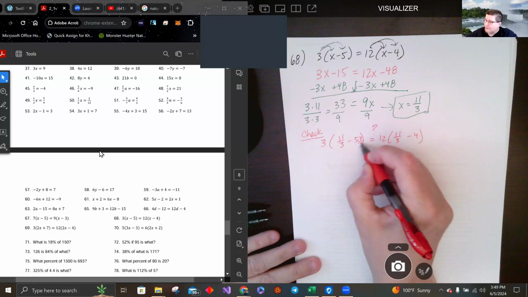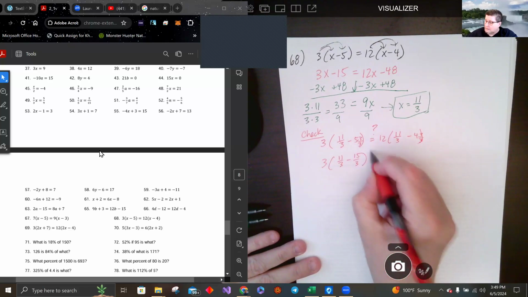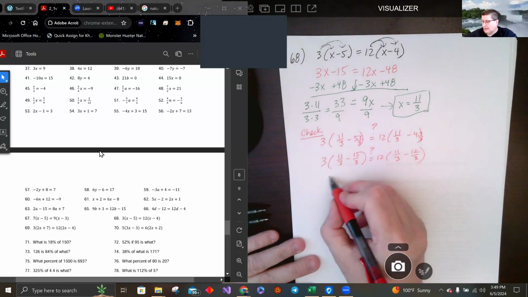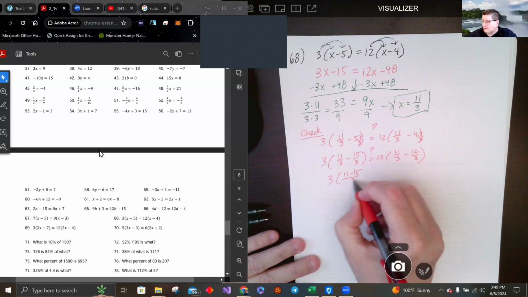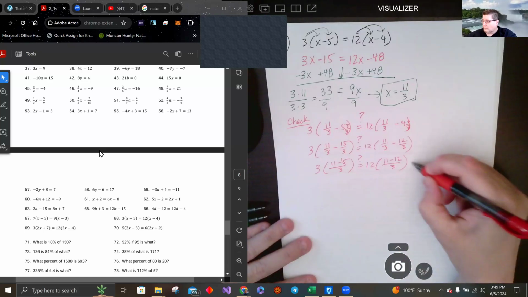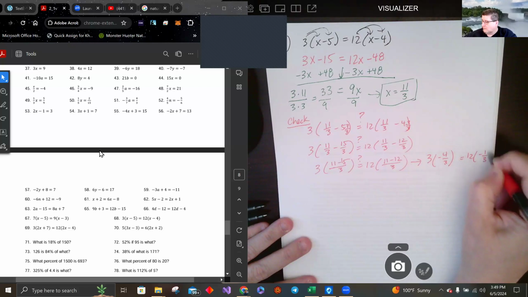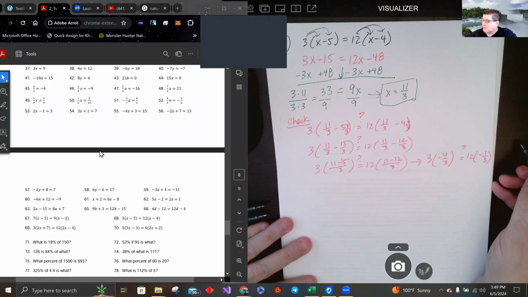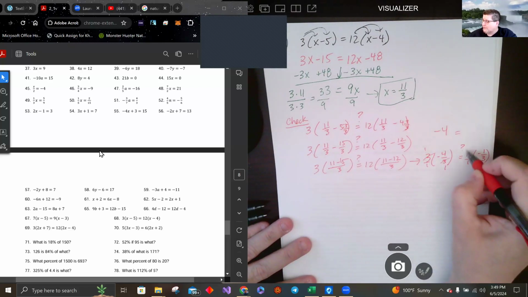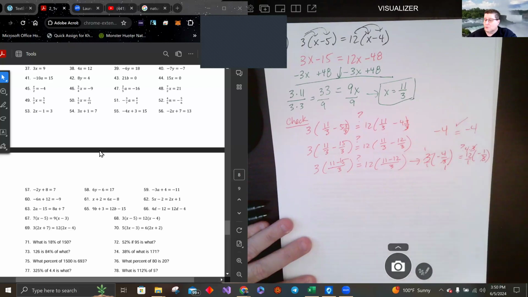So if I multiply this by 3 over 3 and multiply this by 3 over 3, I can combine them now. Combine the tops. The 3's cancel here, and I get -4. 12 is 4 times 3. The 3's cancel there. I have 4 times -1 is -4. It does work.